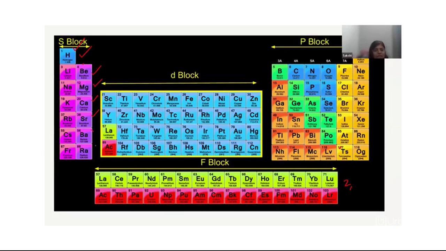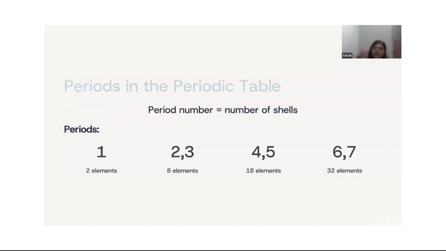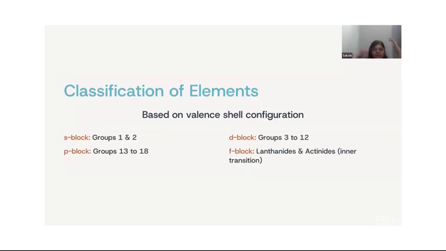The sixth and seventh periods have 32 elements because, in the sixth period, there are 18 elements from S, D, and P, like 2 from the S block, 10 from the D block, 6 from the P block, and 14 from the F block are also added. So we should know that the first period contains 2 elements, the second and third contain 8, the fourth and fifth contain 18, and the sixth and seventh contain 32 elements.